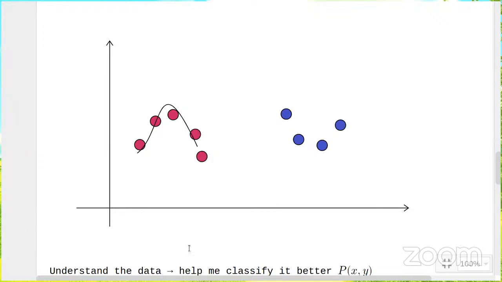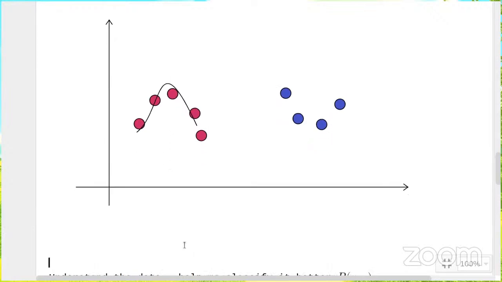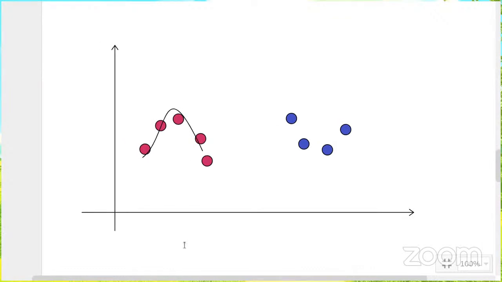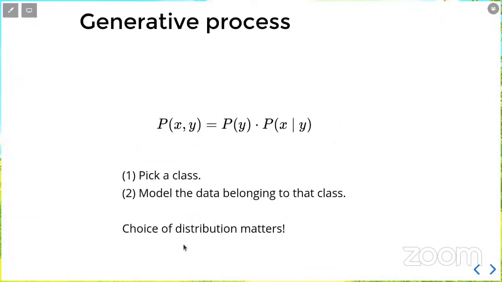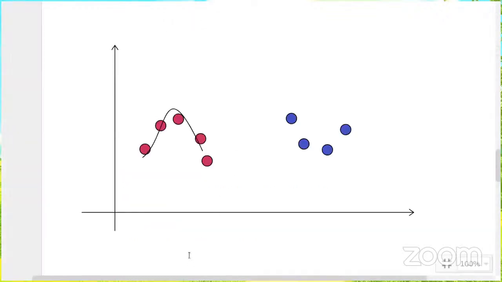Yes, sir. Okay, so once I have the model, I can sample points from that distribution. That is one power that generative models give you. When you say samples, does it mean generating new data points? Yeah, generating new data points from that particular model.